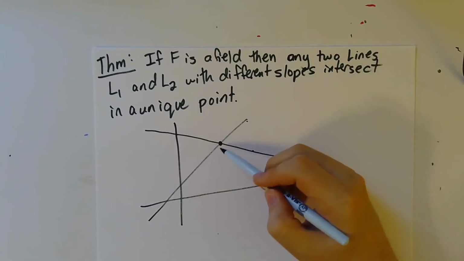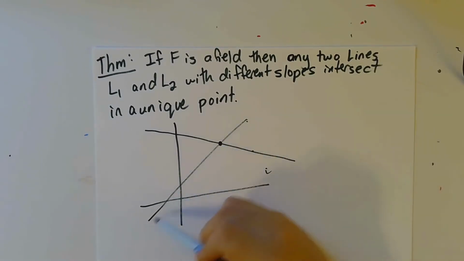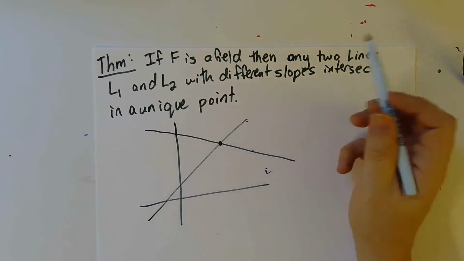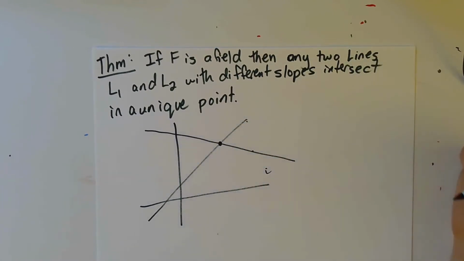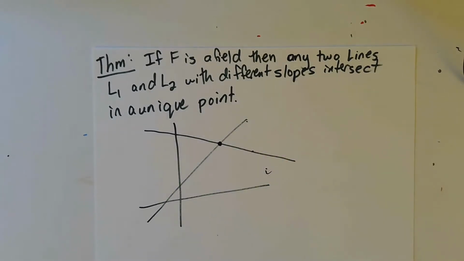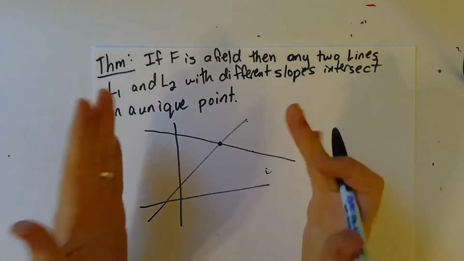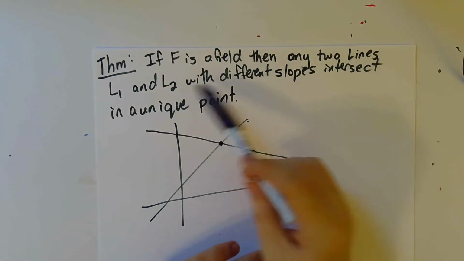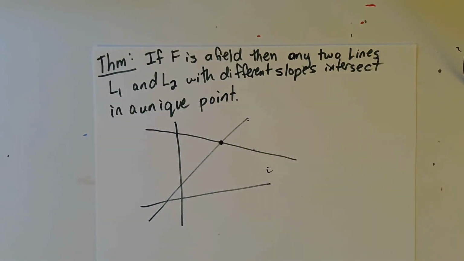So they're forced to cross once because this line of positive slope goes to infinity, and this one of negative slope goes to negative infinity. And so they have to cross, but then they're never going to cross again. So this is very intuitive, and this statement probably doesn't even feel like something that needs a lot of proof over R2.